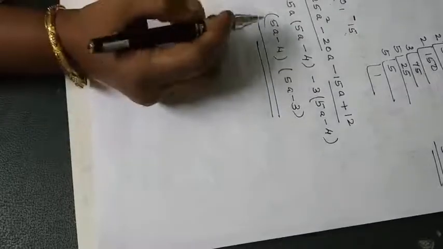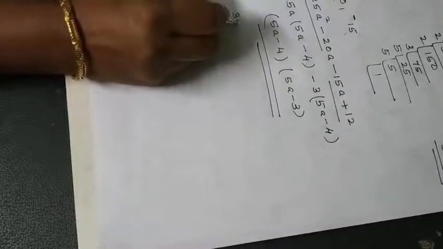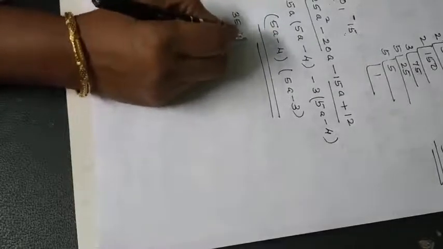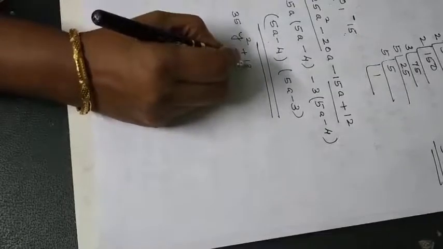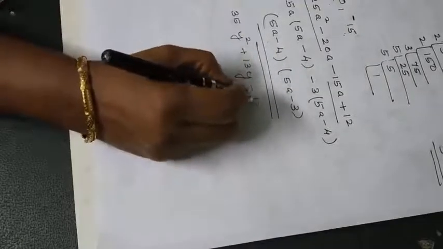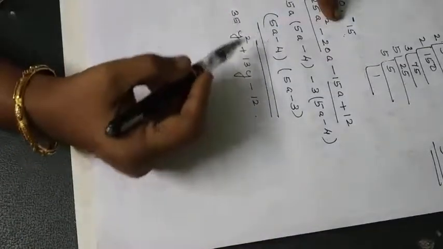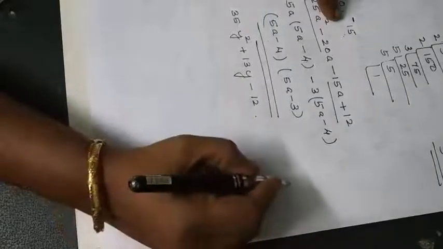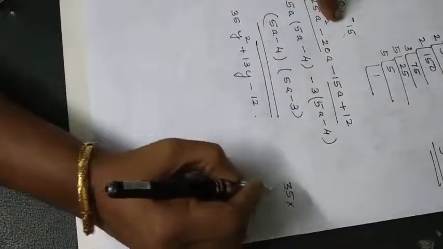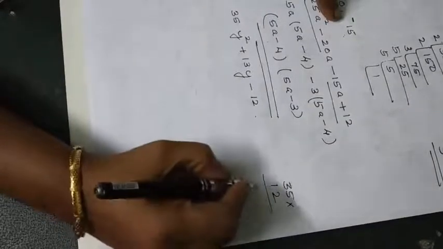Okay, now the second one, you see 35y square plus 13y minus 12. Now here also multiplication should be 35 into 12. What is 35 into 12? First find out that one.